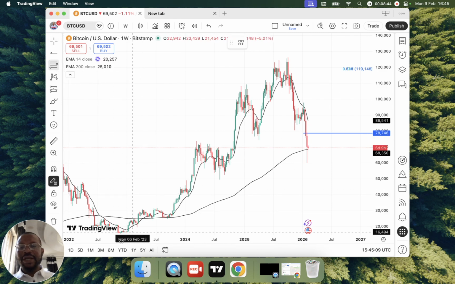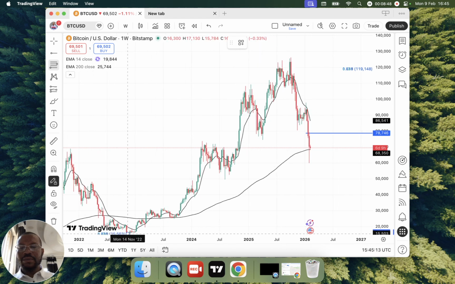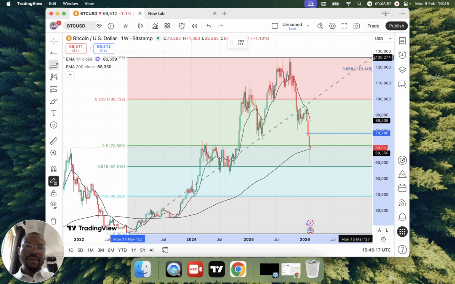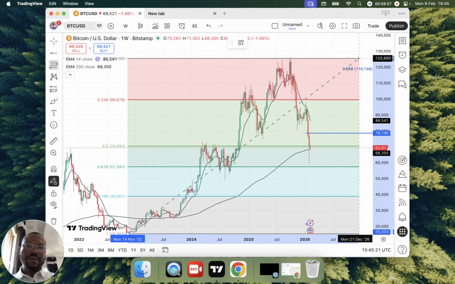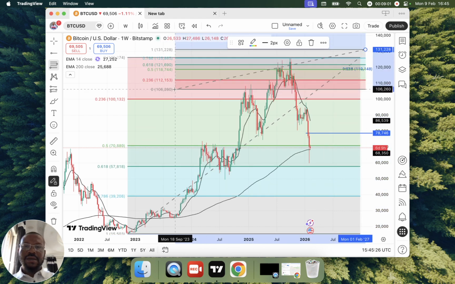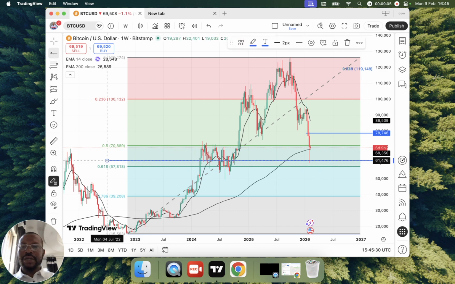Let me just take Fibonacci from swing low to swing high. I'll be expecting the market to come to this area.